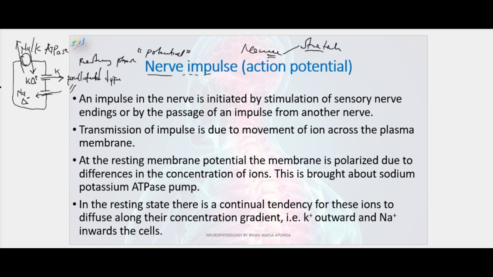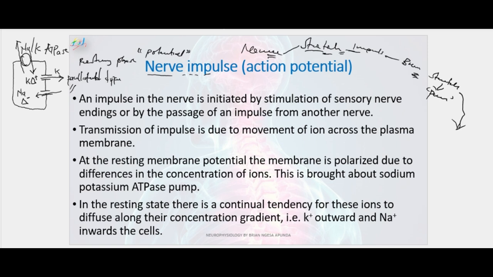So when there's some form of stretch, let's say the skin is being stretched, it will take this impulse eventually up to the brain, and then depending on the intensity of the stretch, it could be interpreted just like a normal stretch, or sometimes even pain. And then of course we'll be having various motor feedback. But now on to the impulse generation.